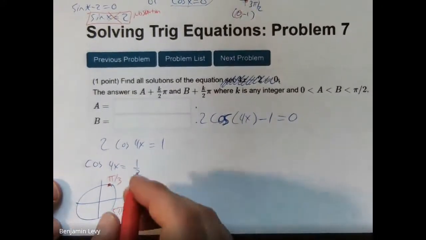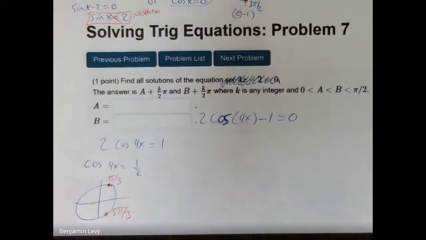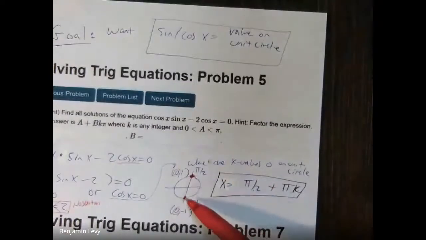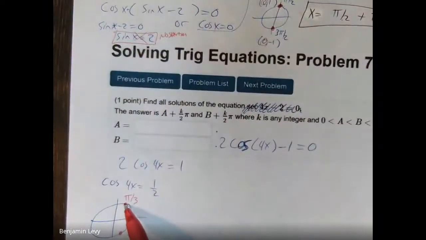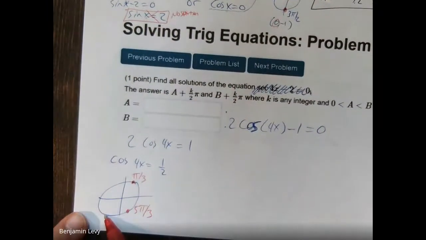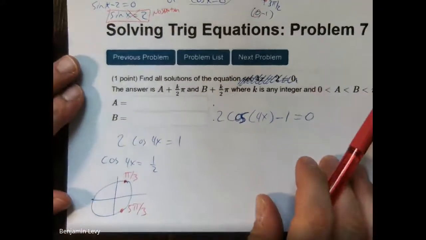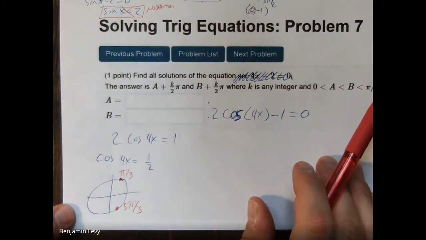Those are the two places that have x values of 1/2. But notice they're not directly across from each other, right? Unlike the last one where these were directly across, directly across from this one would be down here, and directly across from this one would be over here. And so this is one we have to write down separately.